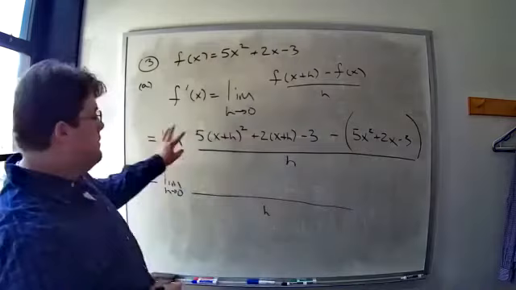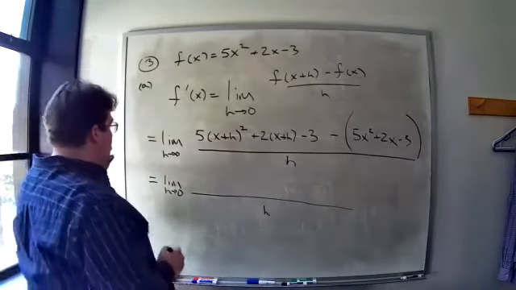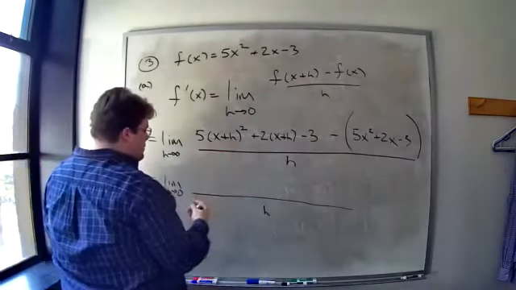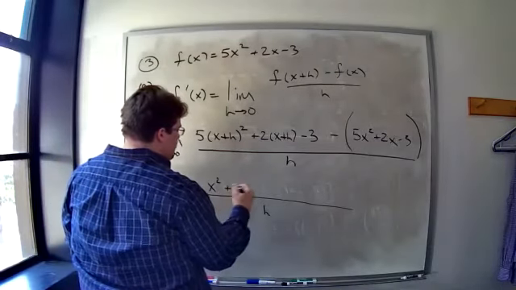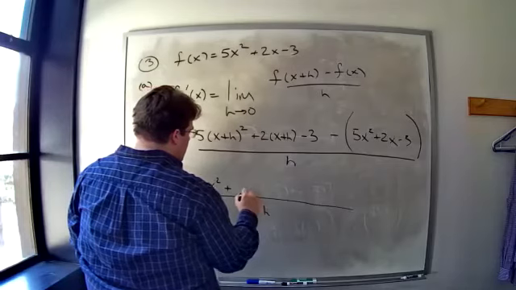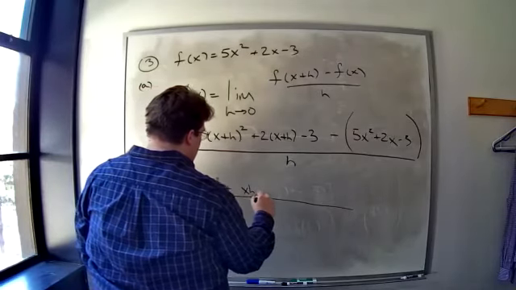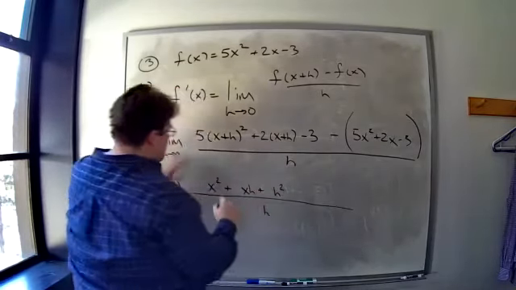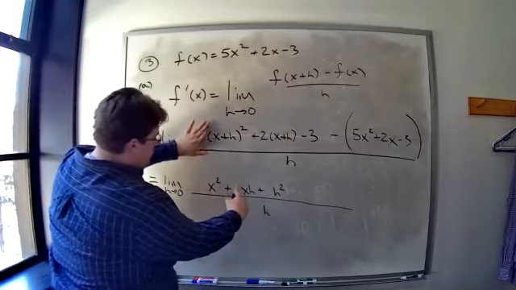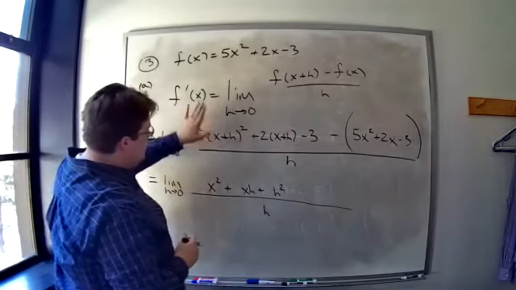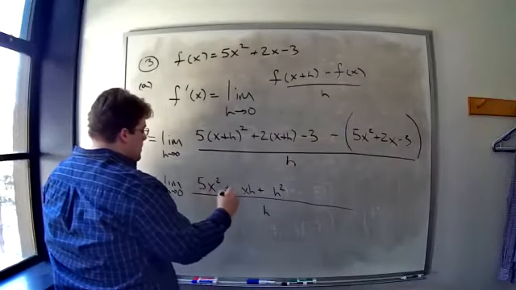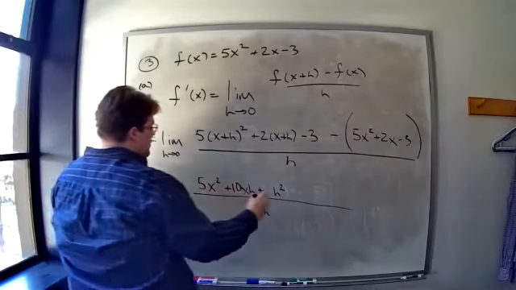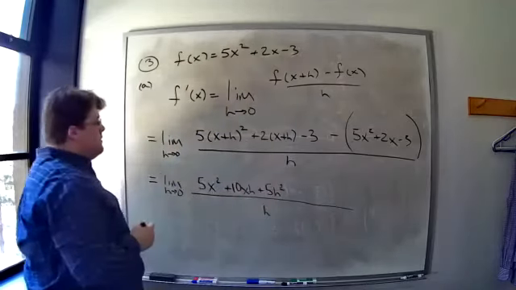Well, we can expand everything in the top. And what do we get? X plus h all squared is x squared plus 2xh plus h squared. I'm not writing it because I don't want to erase it. X squared plus 2xh plus h squared all times 5 gives us 5x squared plus 10xh plus 5h squared.